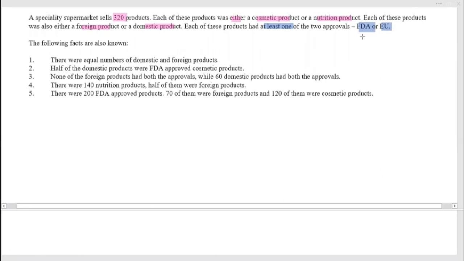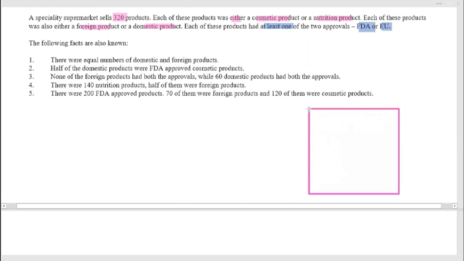But in that four-set Venn diagram, only cosmetic product or only nutrition product or only foreign product or domestic product is not required. On that basis, it is a somewhat modified one. What is that modified one?